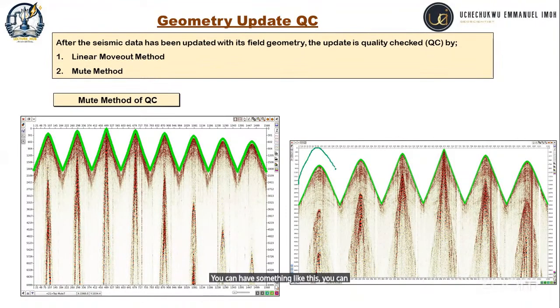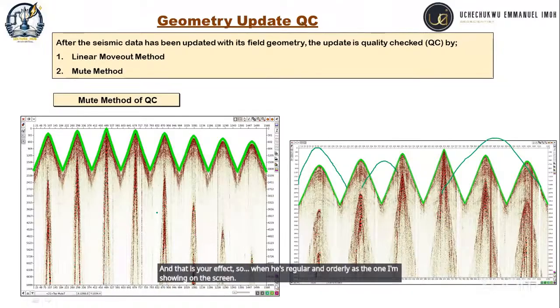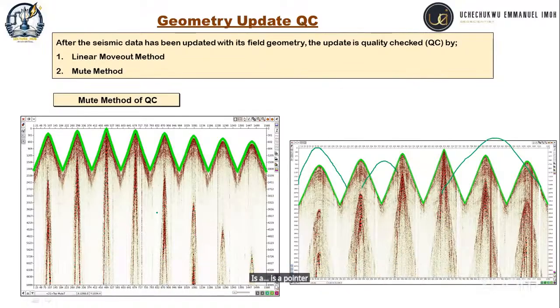You can have this one being double of itself, or you can have one that is passing in between two different receiver lines or doing something like this. So it will never be regular, it will never be orderly, and that is your effect. So when it's regular and orderly as the one I'm showing on the screen, it is a pointer that your geometry update was correct.